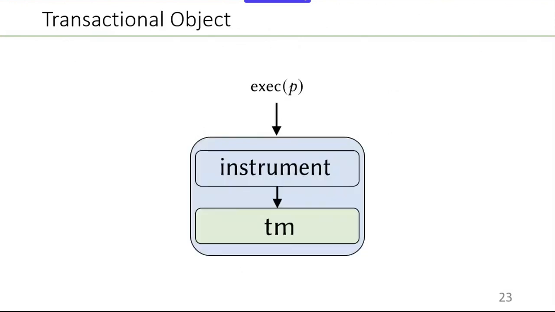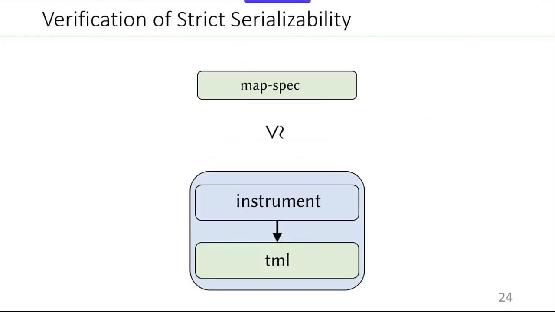Here we go. We have a transactional object, and we want to define serializability for that. We have composition on specifications too. And we can define, interestingly, with these composition operators that we have, strict serializability as a form of linearizability.